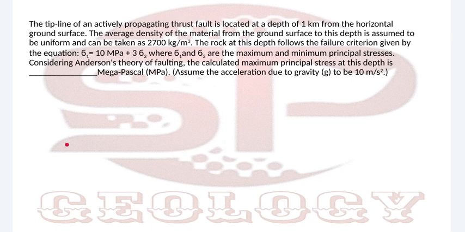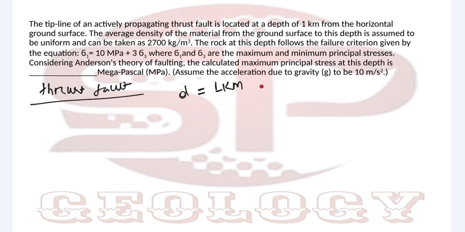Next question: the tip line of an actively propagating frost fault is given at a depth D of 1 kilometer from the horizontal ground surface. The average density of the material is given as 2700 kg per meter cube.